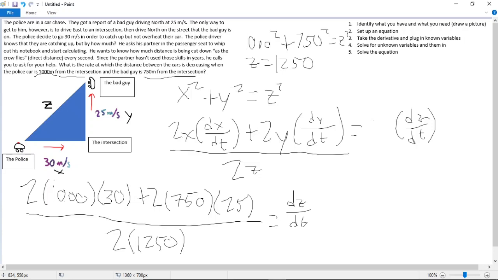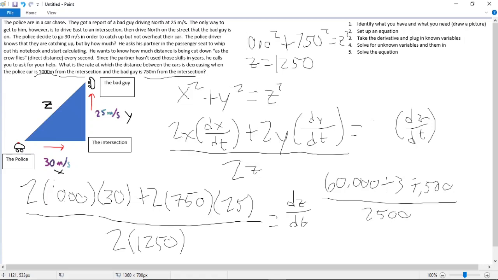I'm going to get out my handy dandy calculator again. 2 times 1,000 times 30 is 60,000, plus 2 times 750 times 25, which is 37,500, all over 2 times 1,250, which is 2,500.